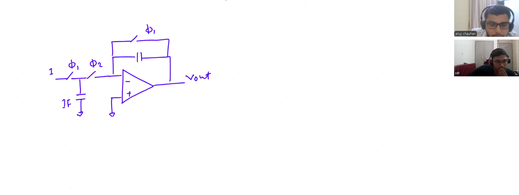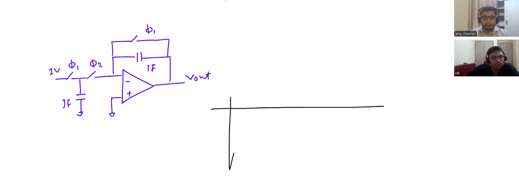Now tell me quick, the steady state output. Plot the output voltage fast, because you already analyzed two circuits, so you can do it fast, hopefully.